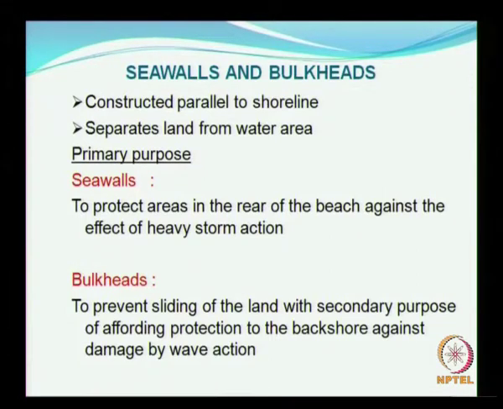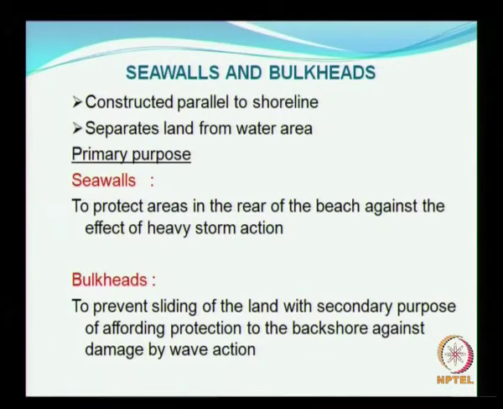The sea walls, as I said, are constructed parallel to the shoreline or along the shoreline. And now you have another word, which is called bulkheads. Both bulkheads and sea walls are constructed parallel to the shoreline.